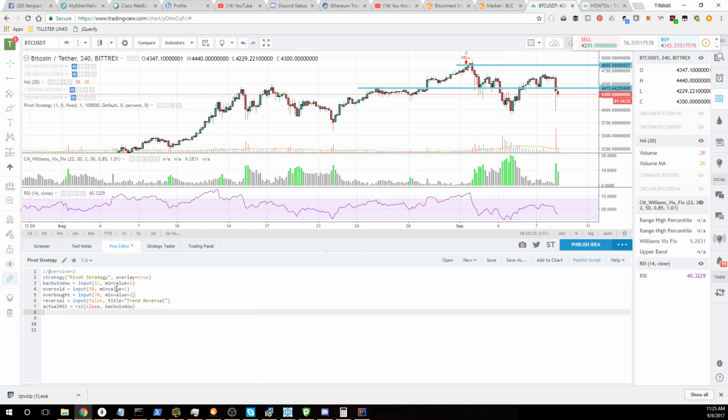So what this will do is compute the RSI on the close using our back window input. So now our back window is effectively the RSI using the past 12 windows.